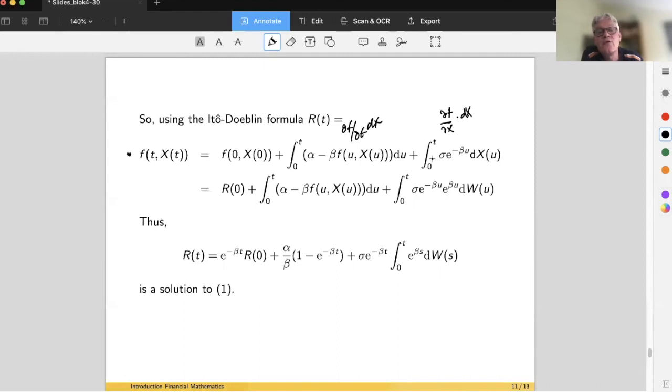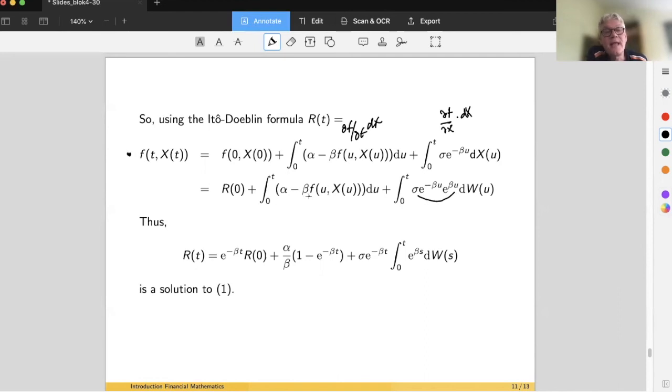So that is the integral from 0 to t sigma e to the power minus beta u dxu. And if we write this out, this is just r0 plus the integral from 0 to t alpha minus beta f of u and xu du. And here we replace x by e to the power beta u dwu. So this is the integral from 0 to t sigma times e to the power minus beta u times e to the beta u dwu. These two together are 1, so they cancel out.